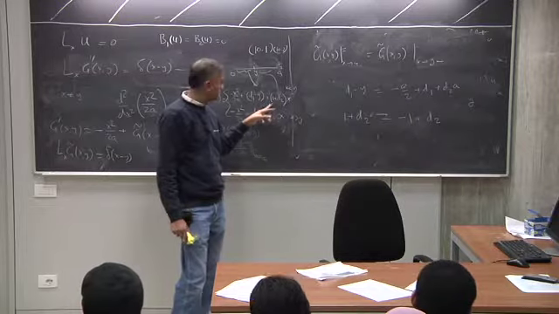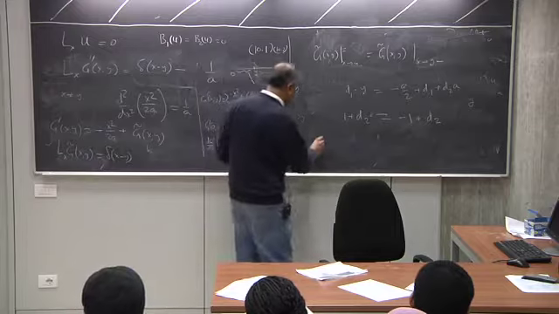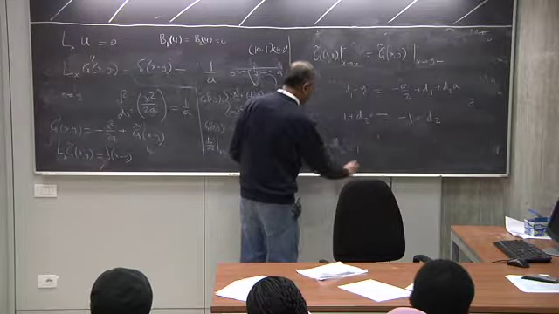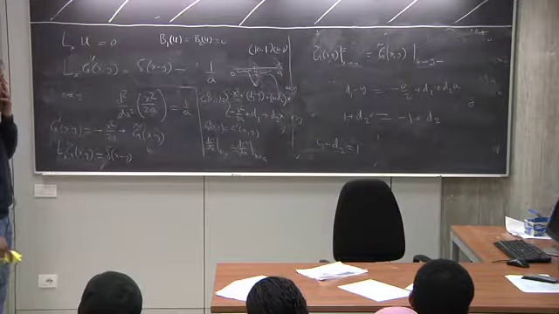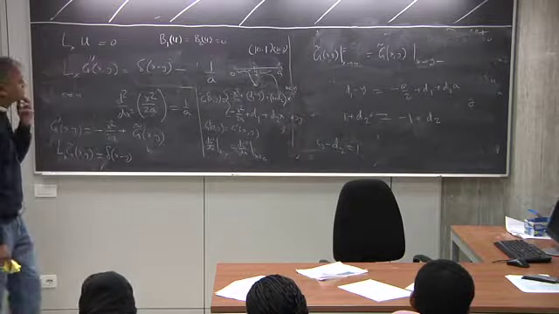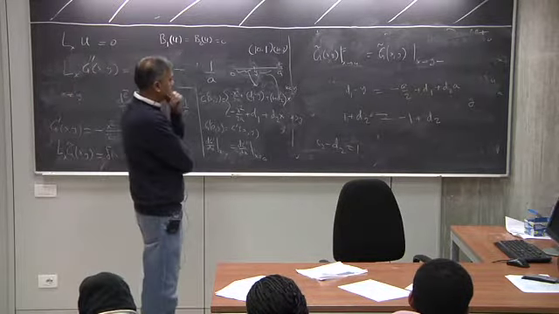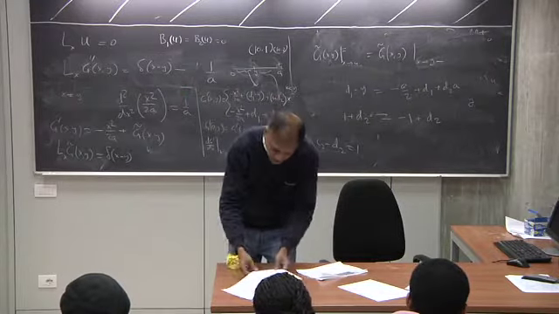So we substituted d1. No, c2 minus d2 was 1. This is correct, right? C2 minus d2. So therefore C2 is 1 plus d2. So what's going wrong here? Is it 1 or...?